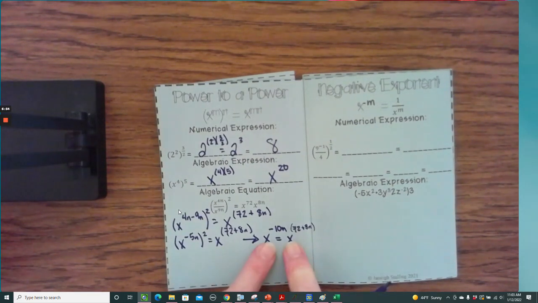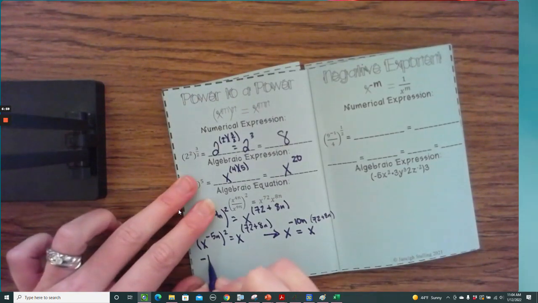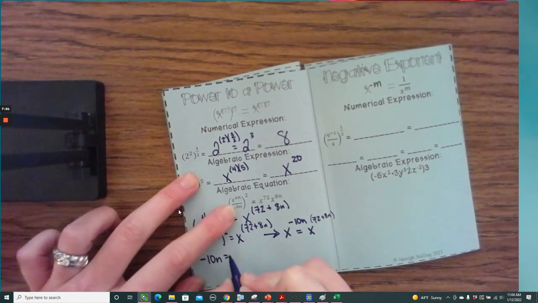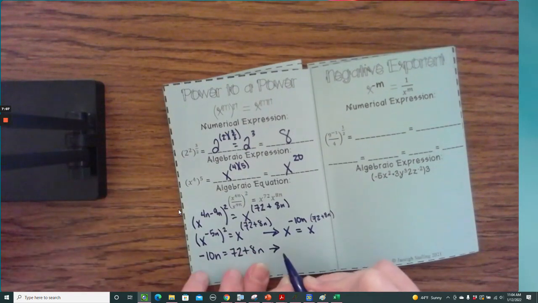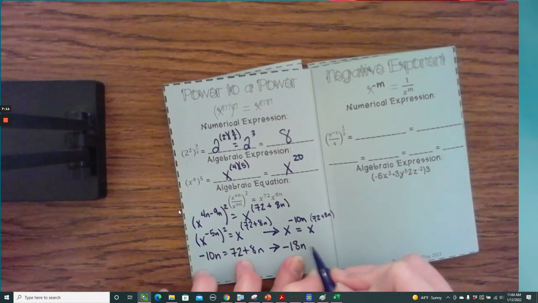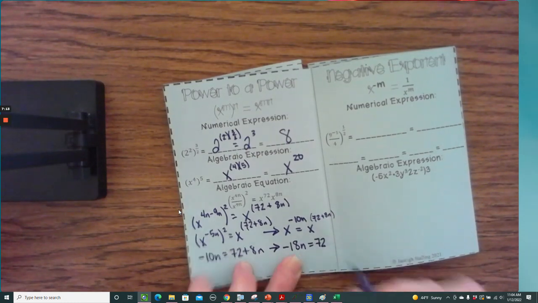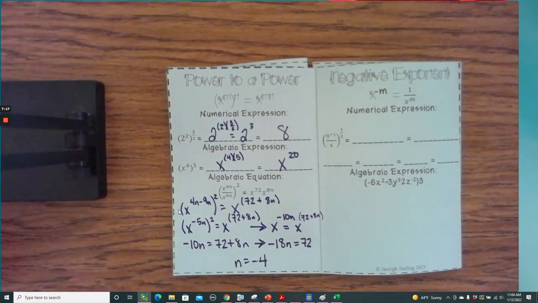Which means, since the bases are the same, I can set these equal to each other. Negative 10n equals 72 plus 8n, and now I have an equation I can solve. So if I combine like terms, I would have negative 18n equals 72. n is going to equal negative 4.